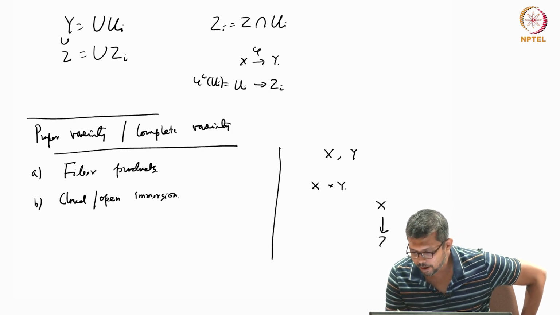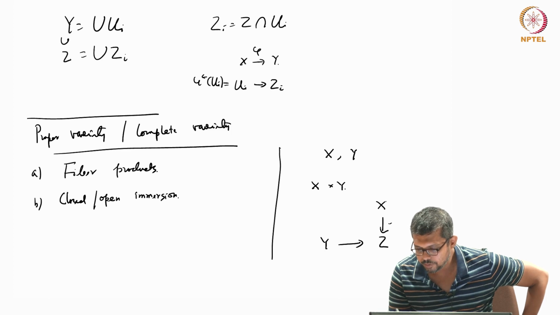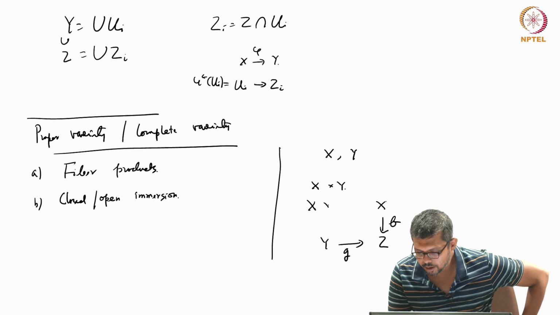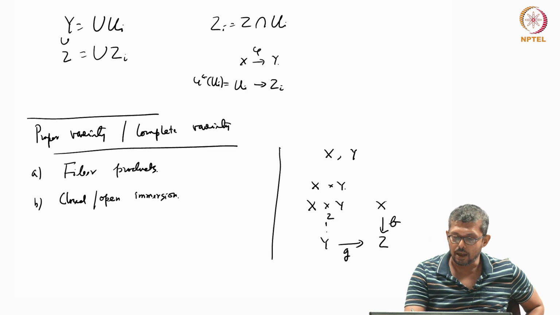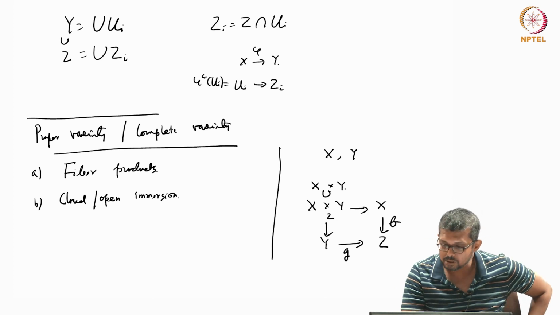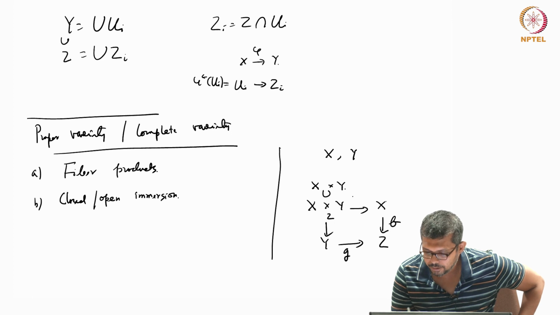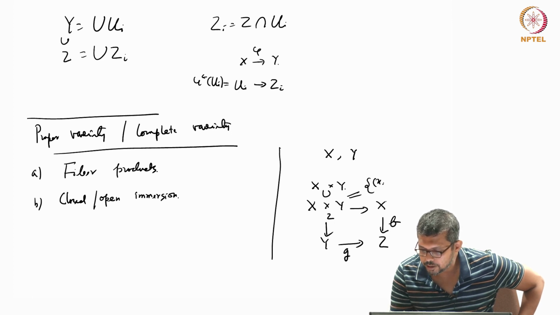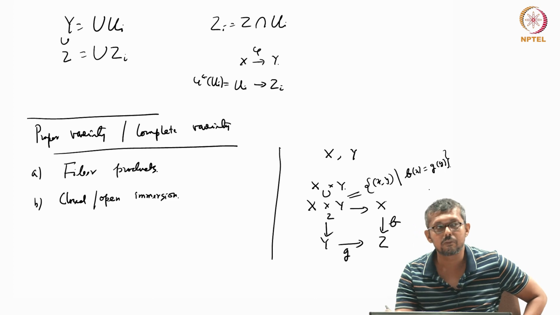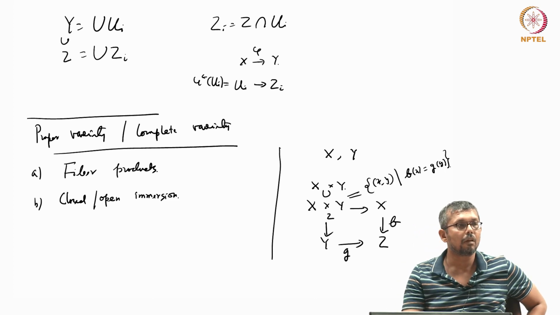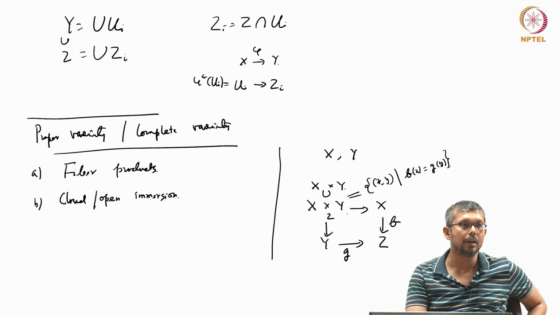Suppose you have maps f: X to Z and g: Y to Z, then you can define something called X cross Y over Z. As a set, this is nothing but the set of all points (x, y) such that f of x equals g of y. The point is that this subset has a variety structure.